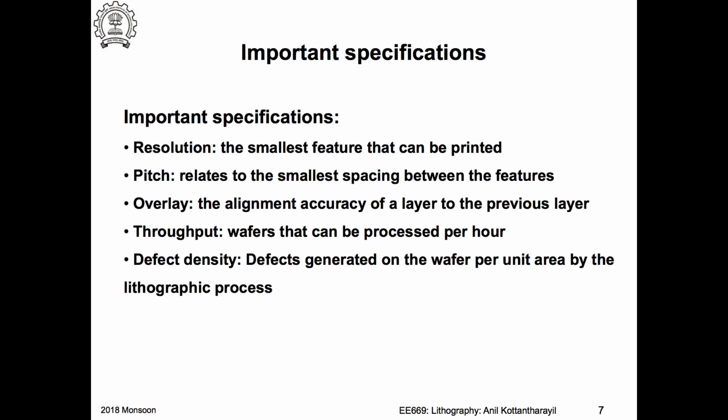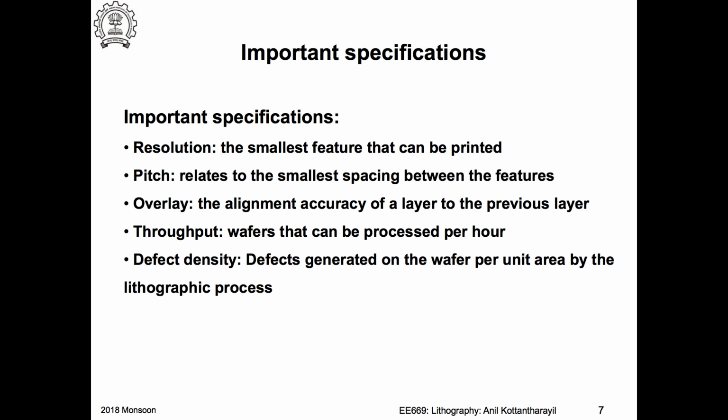It's not very expensive, so anybody working on device fabrication, I would recommend you to buy this. There is an Indian edition that is available. So resolution is the smallest feature that can be printed. Actually, you can print any small size, but that is not important. You should be able to recognize this as a feature.